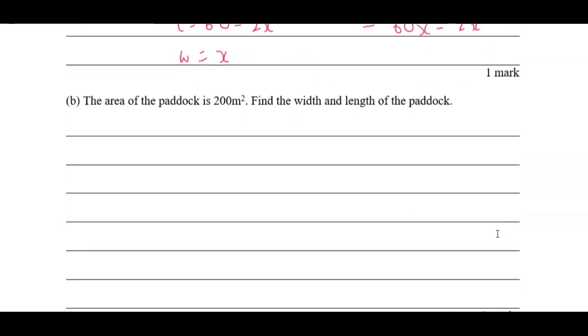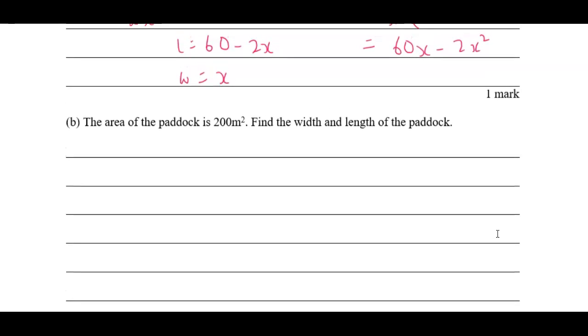The area of the paddock is 200 metres squared. Find the width and length of the block. So we've got 60x minus 2x squared equals 200. So let's put everything over to the same side. Again, we want to keep the x squared coefficient positive. So I'm going to do 2x squared minus 60x plus 200 equals 0.